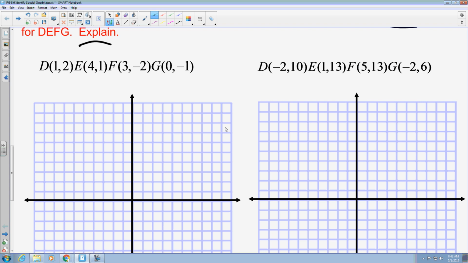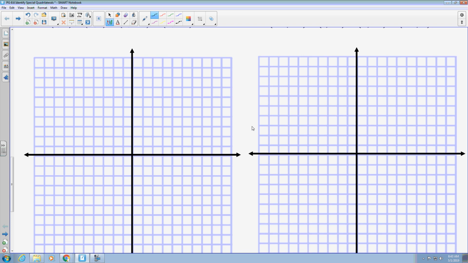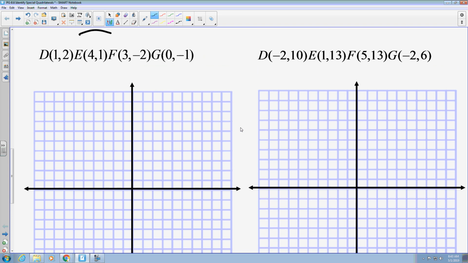we have D is (1, 2), E is (4, 1), F is (3, -2), and G is (0, -1). Since they'll all fit on this graph, I'll make them all in one unit. So (1, 2) is right there.